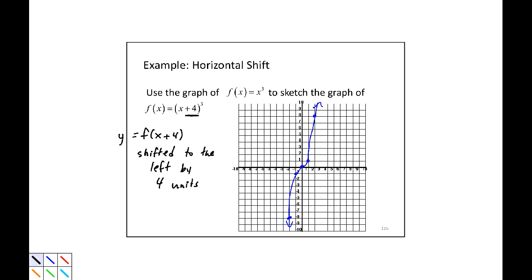Which means, shifting these to the left 4 units, they will now be at negative 4, 0, negative 3, 1, negative 5, negative 1, negative 2, 8, and negative 6, negative 8. And that is the graph of (x plus 4) cubed.